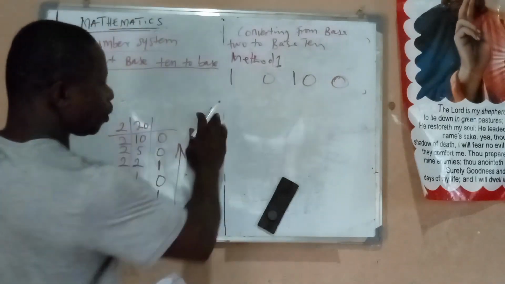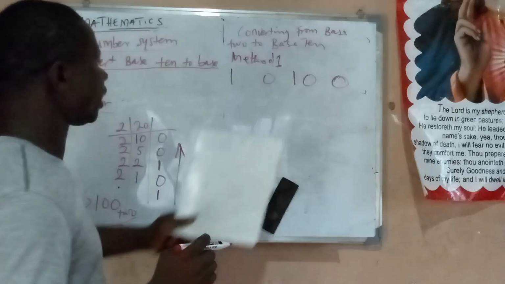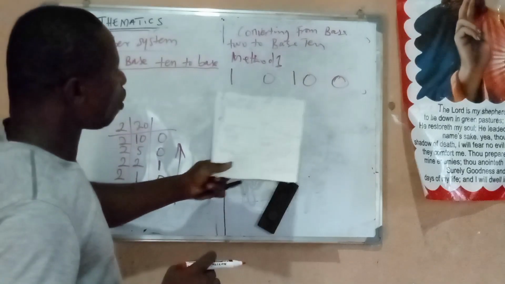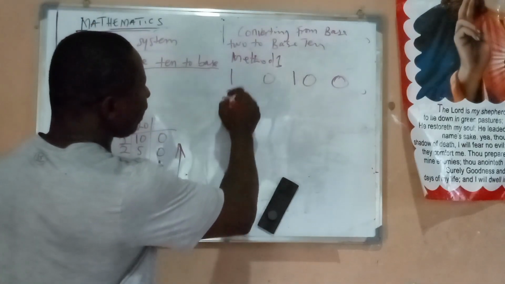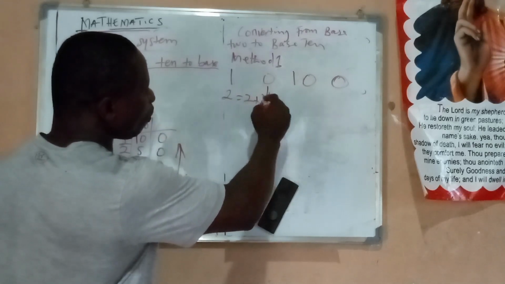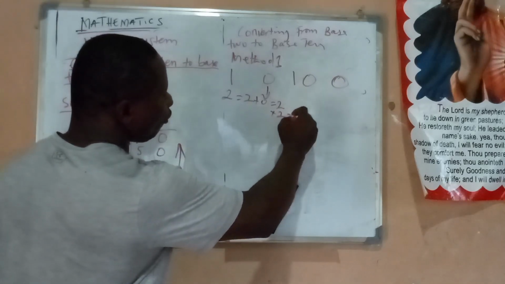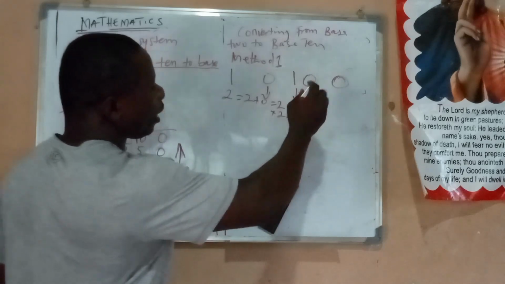Take note that we are converting from base 2, binary number system, to decimal number system. Then here we go. 1 times 2 is 2. We bring down this, plus 0 equals 2. Now 2 times 2 is equals to 4. We bring down this 1, plus 1 equals 5. Are you there with me?